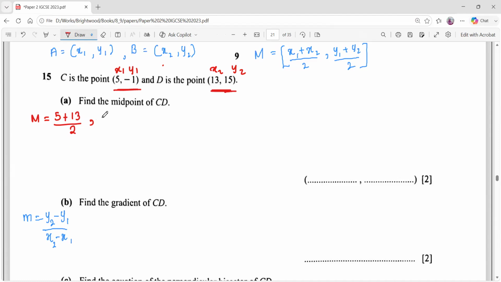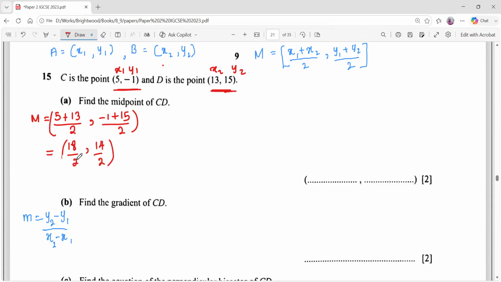The y coordinate is negative 1 plus 15 divided by 2. Now 5 plus 13 is 18, 18 divided by 2. The other one is 14 divided by 2.